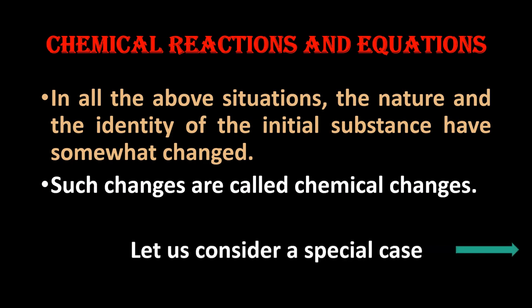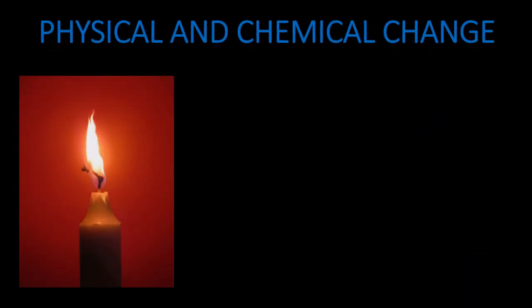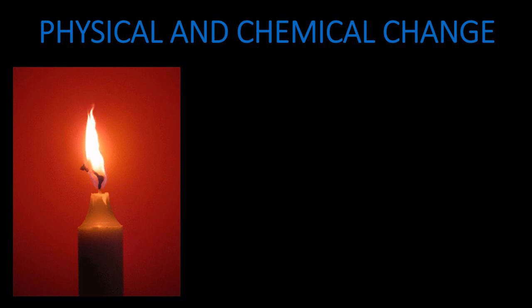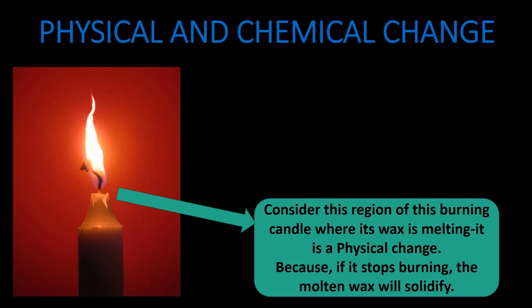Let us consider a special case here. Observe this burning candle. In the region of this burning candle where its wax is melting, it is a physical change, because if the candle stops burning, the molten wax will solidify again into solid wax.